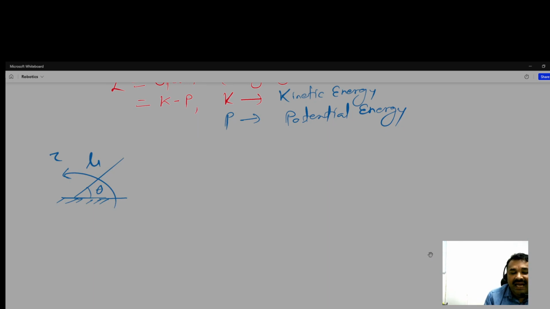Suppose I number of joints; we put superscript 1, and here the mass is concentrated at the end. M is mass. It is a 1 degree of freedom robot, and let us derive the governing equation.